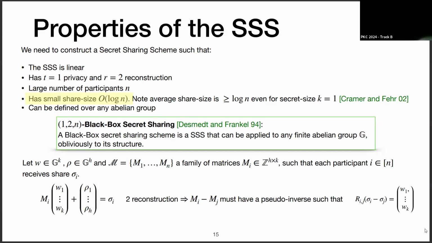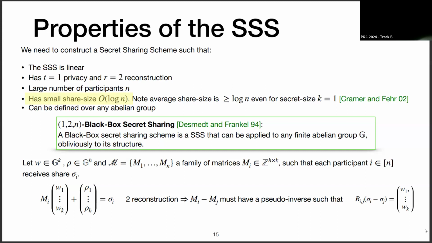And why is that? Because if we have two different shares and we subtract them, and multiply by the pseudo inverse, we can reconstruct the secret. Now, because we want this to work over any abelian group, this pseudo inverse must exist over the integers, right? So we want this pseudo inverse property to work for matrices defined over the integers.